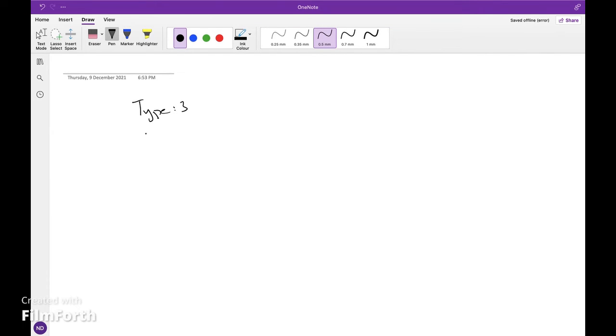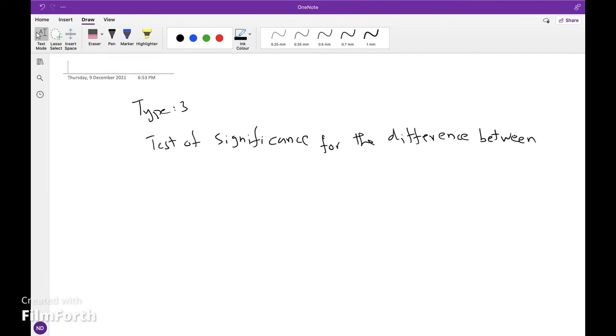Type 3: test of significance for the difference between two sample correlation coefficients.